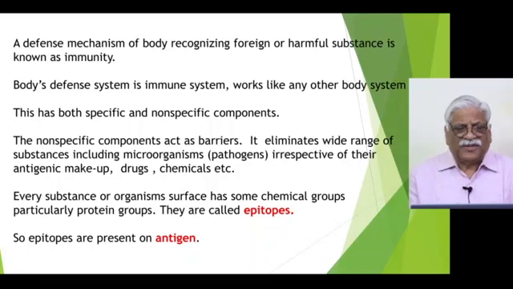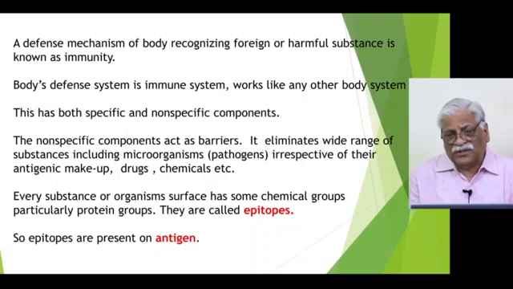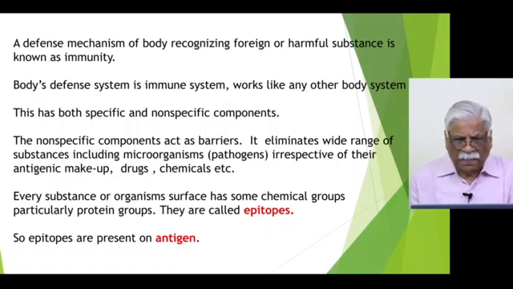It is exactly a system like other systems in our body: the circulatory system, excretory system, nervous system, muscular system, or reproductive system. The way these systems work, the body's defense system also works in a similar fashion. That's why another name is given to it: the immune system.